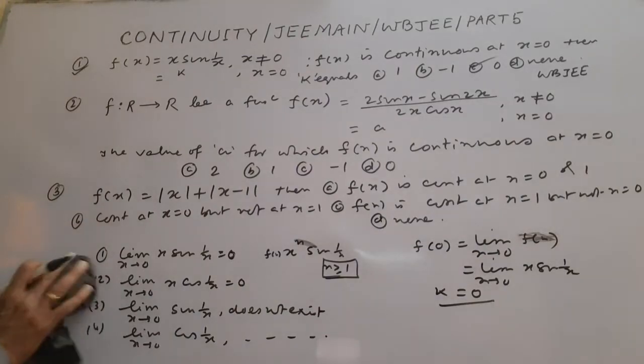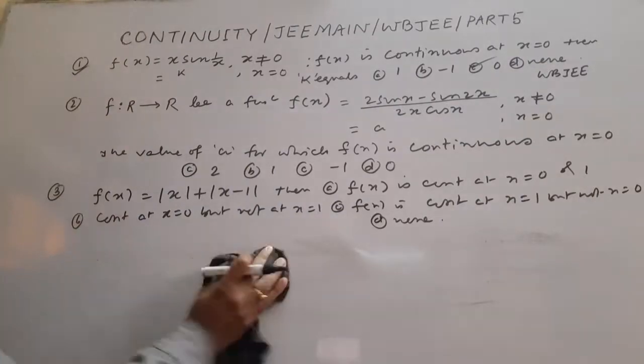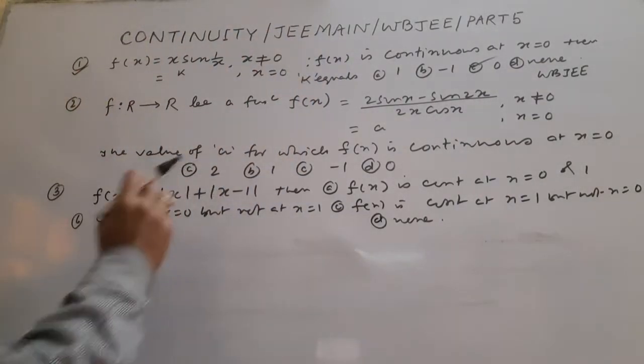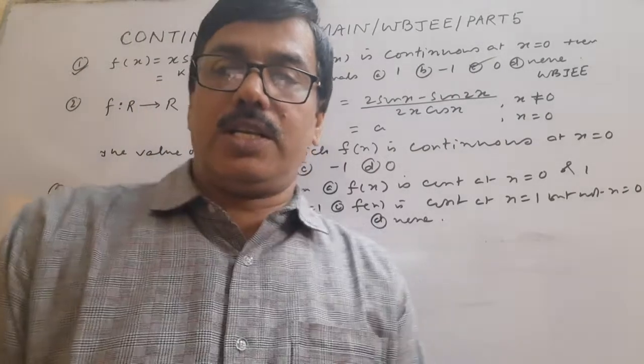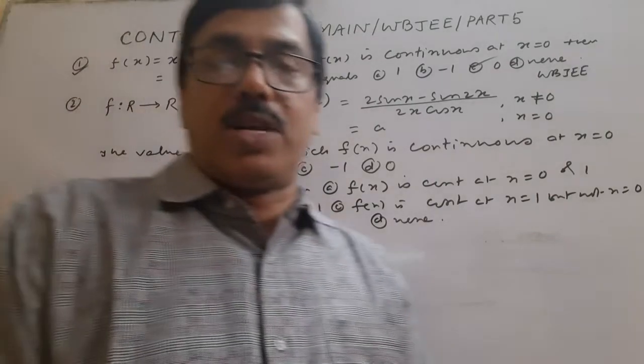Now, problem number 3. f(x) equals |x| plus |x minus 1| is continuous or not at x equals 0 and 1.